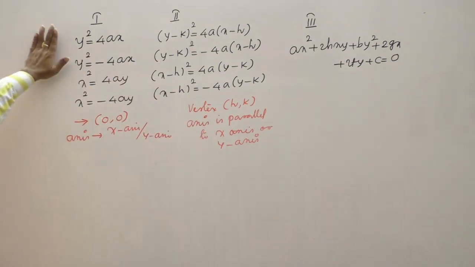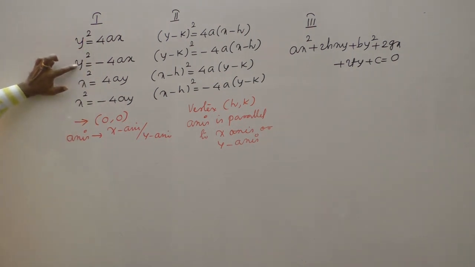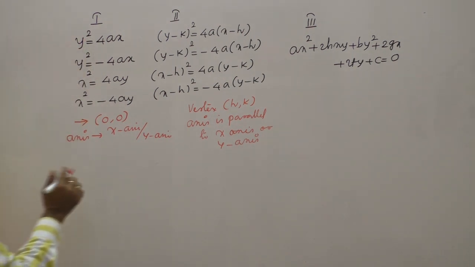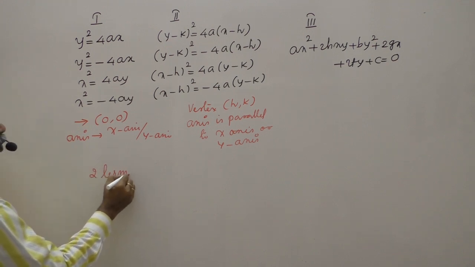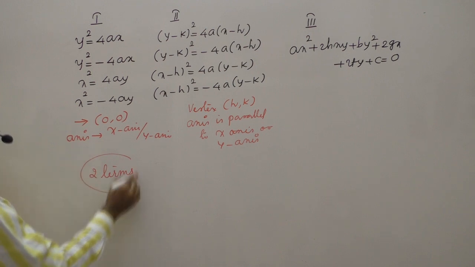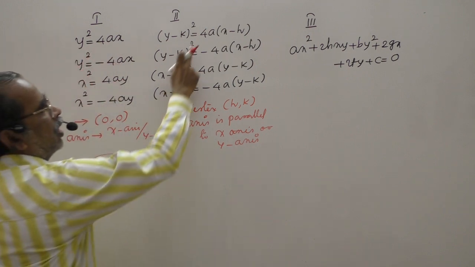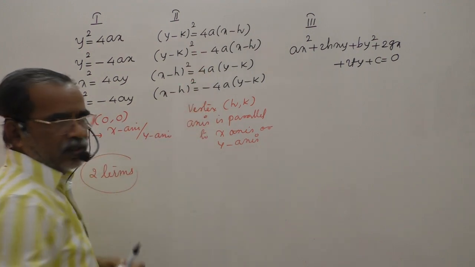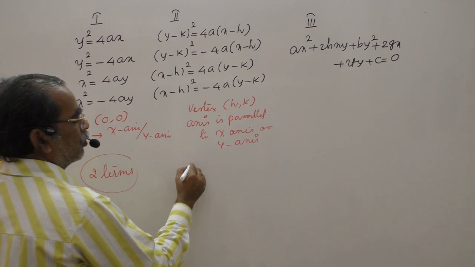Right. If the parabola is in the first set, the equation of the parabola contains only 2 terms. See, only 2 terms in the equation. If the parabola is in the second set, if you expand this, you will get 4 terms.